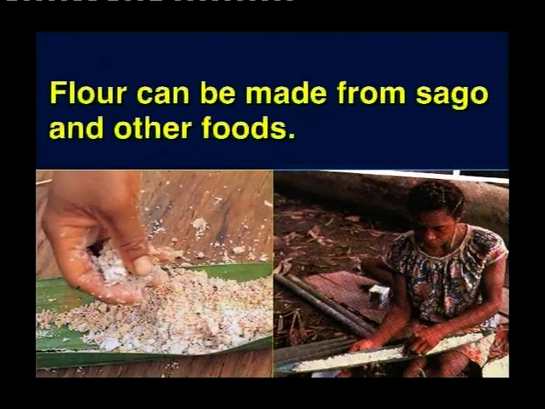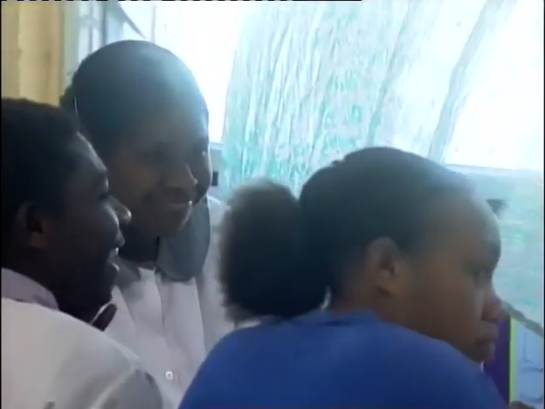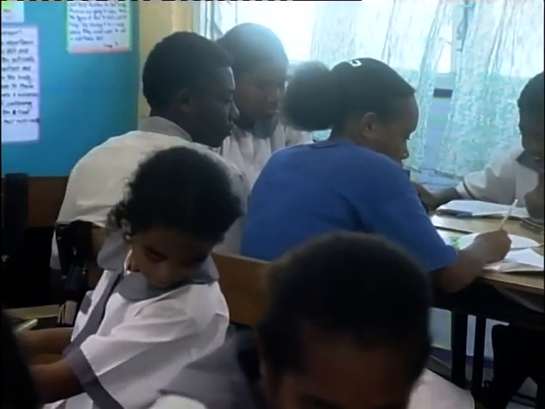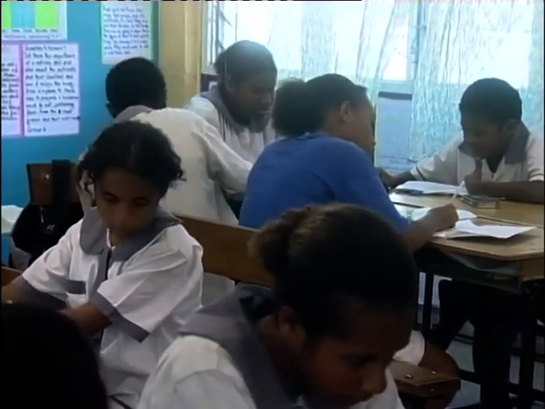Can somebody tell me some other foods besides sago that we can make flour out of? Anyone? Yes, Aloysia? Wheat. Yes, from a plant, wheat. Wheat is a raw material, but from that plant we can get flour out of it.